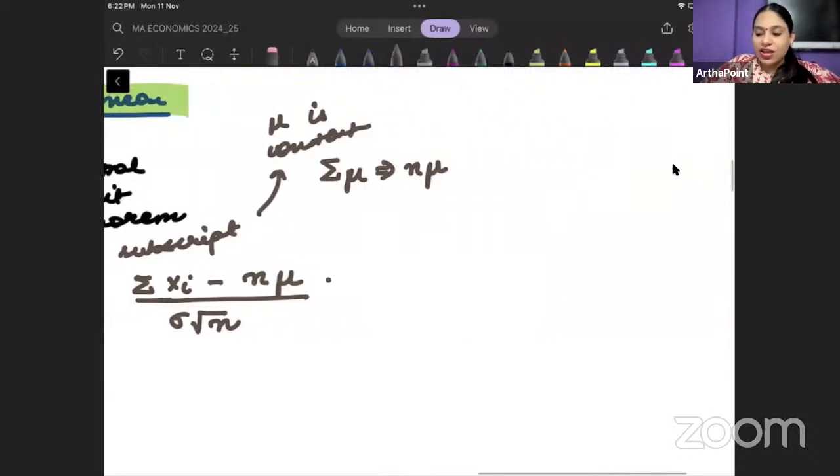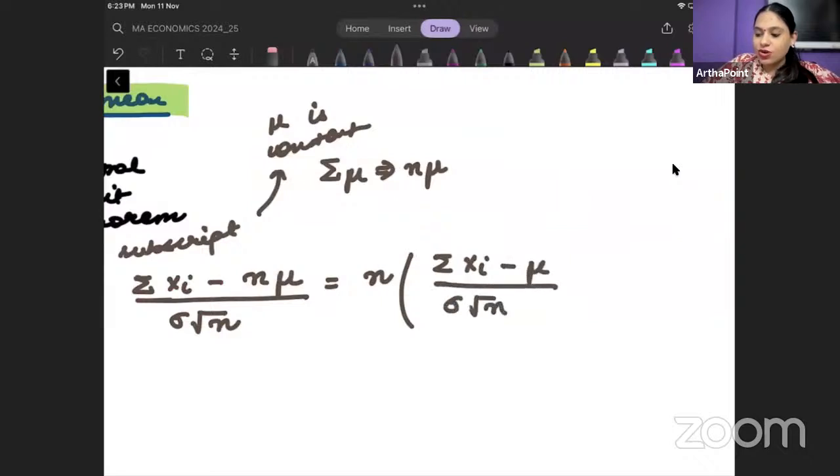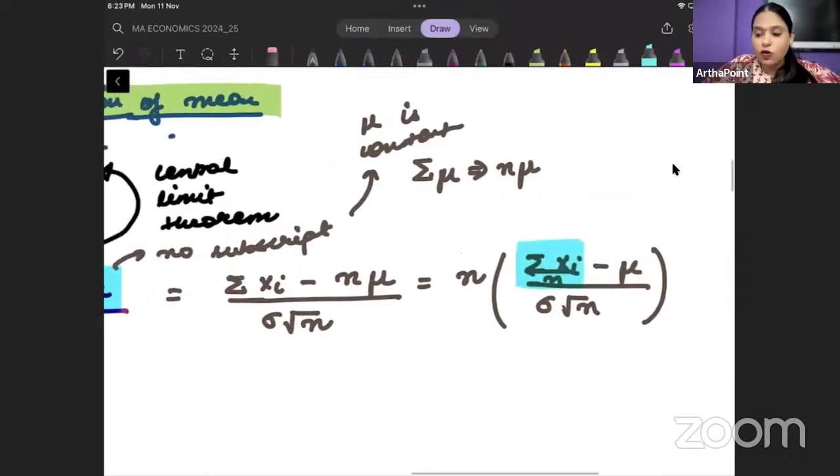Okay, let me try to take n common. If I take n common, I will get summation xi minus mu upon sigma root n, this will be by n. I have taken n common and out. Summation xi by n. This is mean of x.